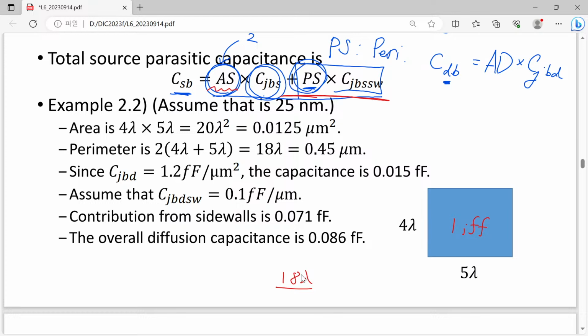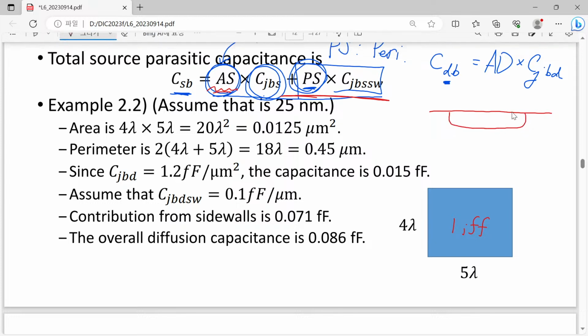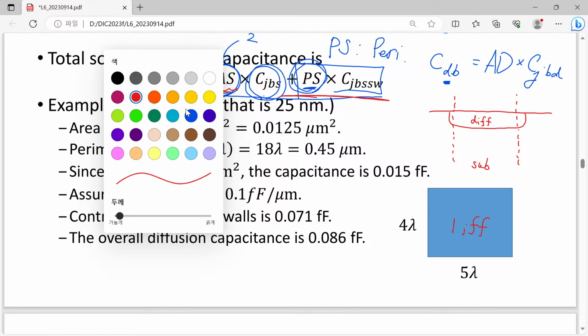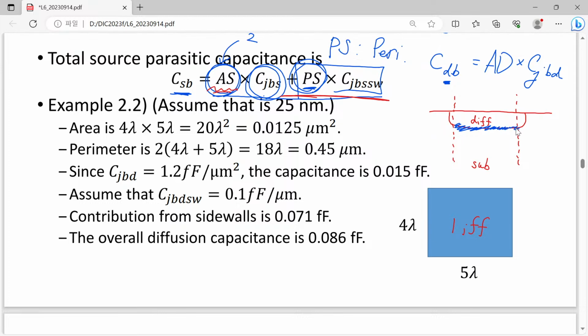But why do we have these two different behaviors? Why is one area dependent and why is one perimeter dependent? It is because when you draw something, so let's make a cross section, then usually when we say certain area, that area is corresponding to the main body of our diffusion region. So let's say that this is your diffusion region and this is a substrate, and the area describes the component corresponding to this junction.